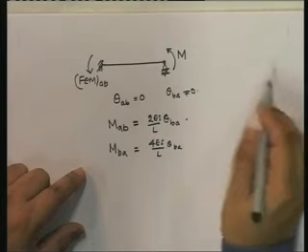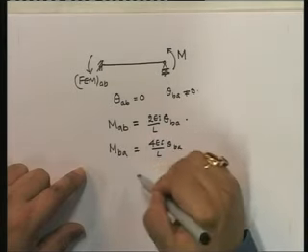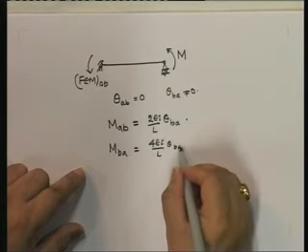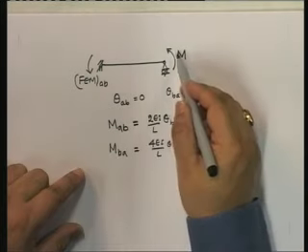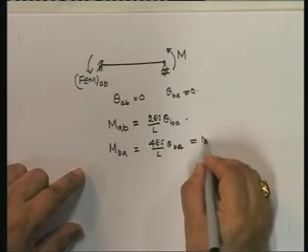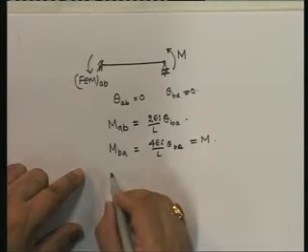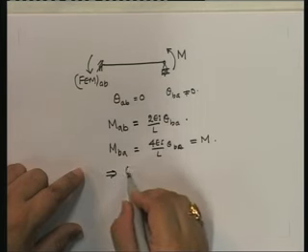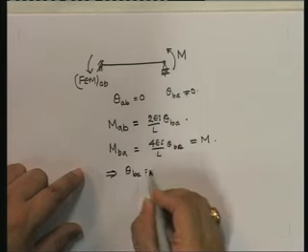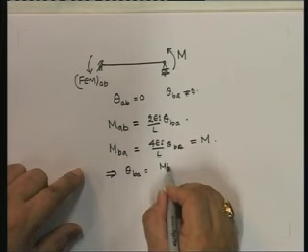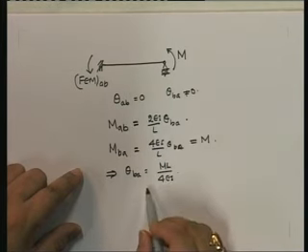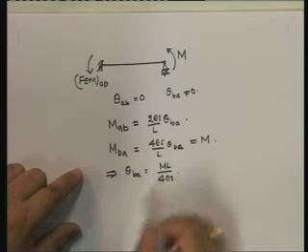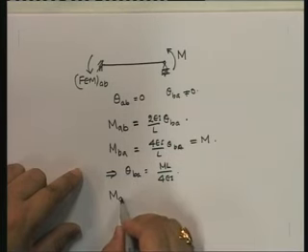And since there are no moments applied, there is no fixed end moment. By definition we know that MBA is equal to M, which implies that theta BA is equal to ML upon 4EI.